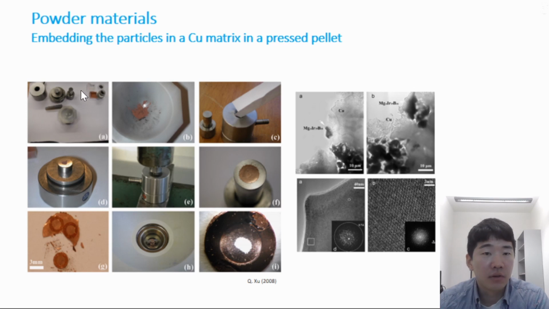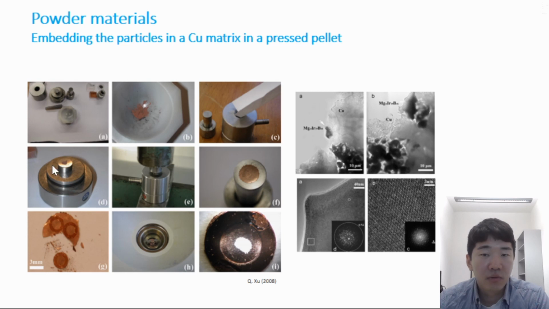In this research, the ceramic powders are of interest, along with fine copper powder and aluminum oxide, the mortar and pestle for powder mixing, and a steel die for pellet pressing. The ceramic powder is mixed with copper powder in a certain volume ratio and put into the steel die for pressing.